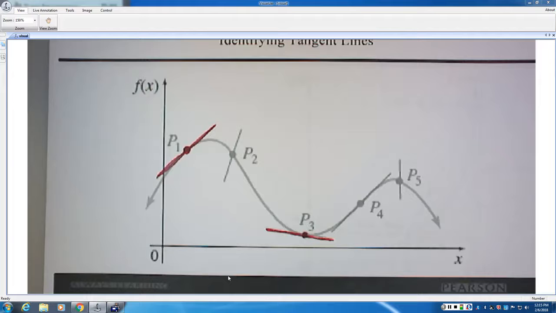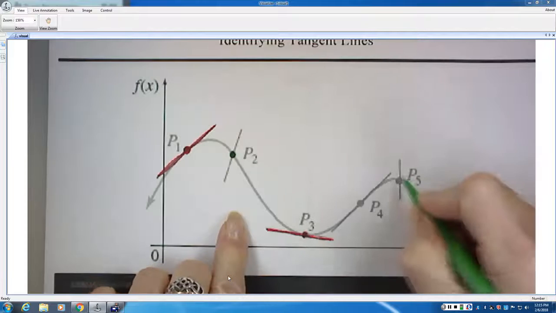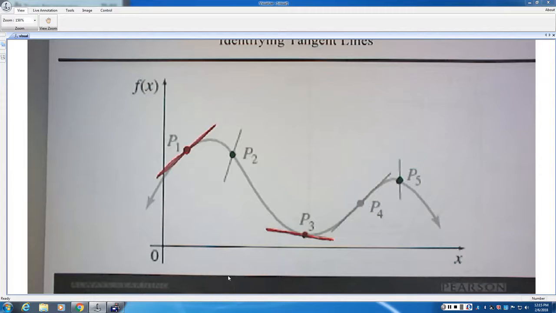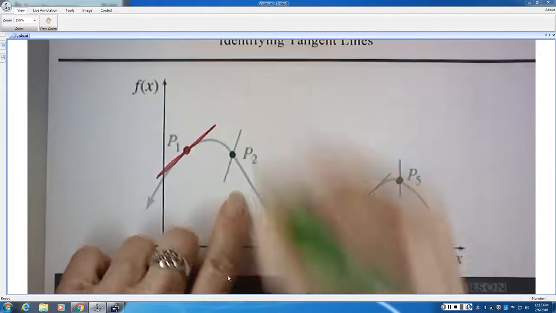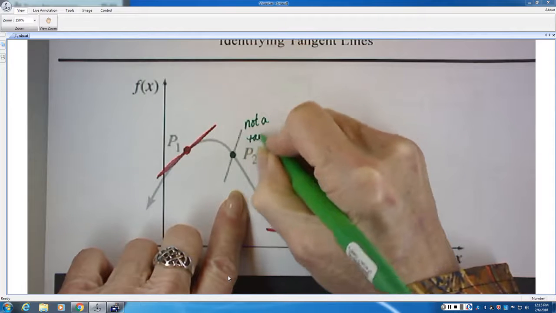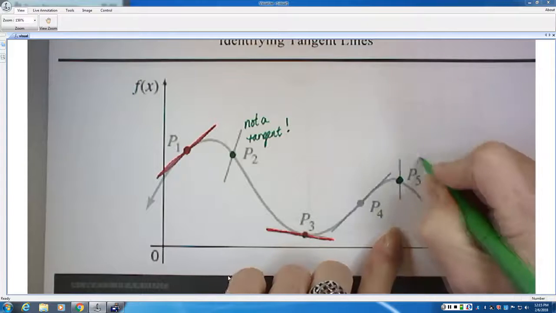For the moment, we're also going to have to discuss the restriction that it touches the curve in 1 point, which is what's happening at P2 and at P5. And it's also happening at P4. But P2 and P5 are not tangent lines. This is not a tangent. And this is also not a tangent.